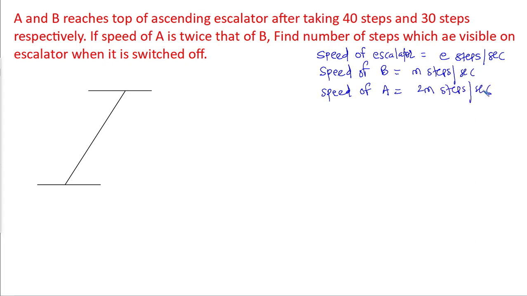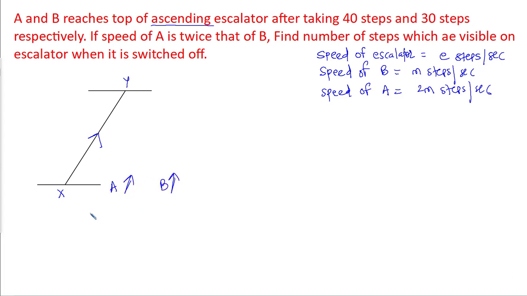Okay everyone, so what kind of escalator is this? The escalator is an ascending escalator, meaning it is a moving up escalator from floor X to floor Y. Now A and B are traveling towards the top of the escalator, meaning A is traveling like this and B is also traveling like this.